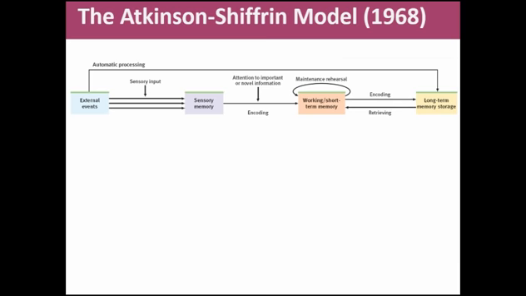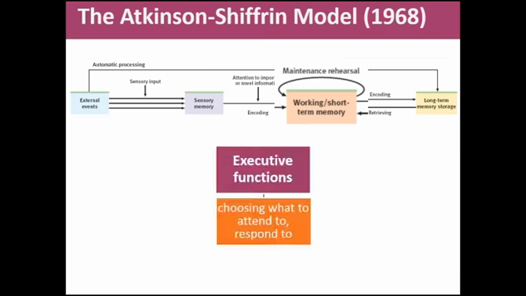And as long as you continue to engage in maintenance rehearsal, where you continue to think about the material over and over again, it'll stay in that short-term memory indefinitely. Researchers don't exactly agree on how long information is held, somewhere between 30 seconds and maybe 2 days. So there's a wide variation in how long we think you might hold stuff in your short-term memory.